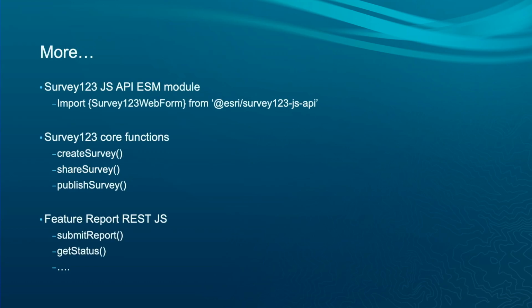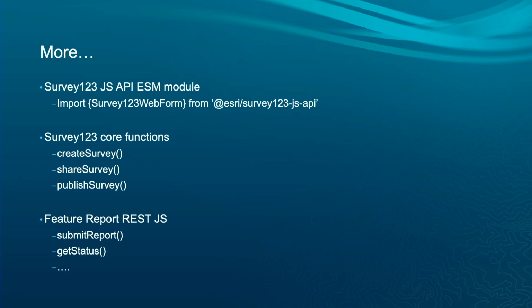And there are some more research projects we are working on right now. The first one is the JS API ESM module. As you saw in the previous demo, we just import all the modules, all the libraries, into your application. Sometimes that is very heavy and may have a performance issue. So we want to make it lighter and easier by using the ESM module.